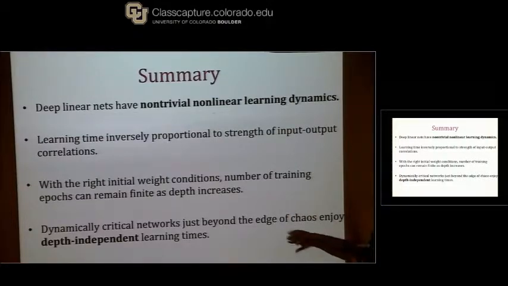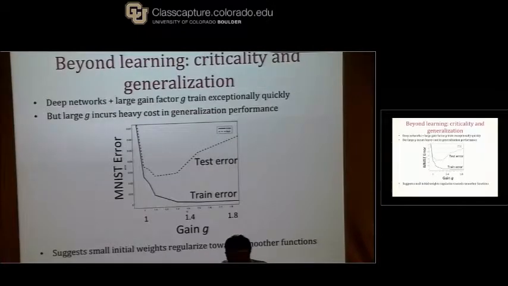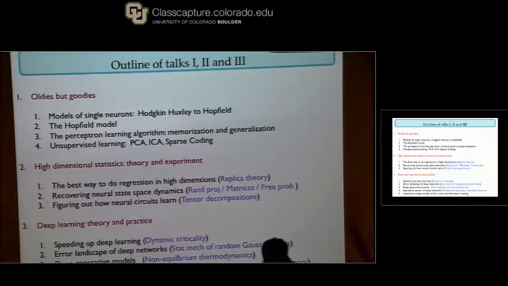So these dynamically critical networks, there's some terminology called the edge of chaos, right? If the weights are larger and you have these nonlinearities, you get chaotic weight dynamics, which we're going to discuss soon. So this critical point is like this edge of chaos. You get these depth-independent learning times.